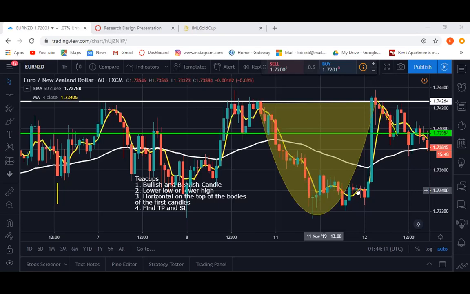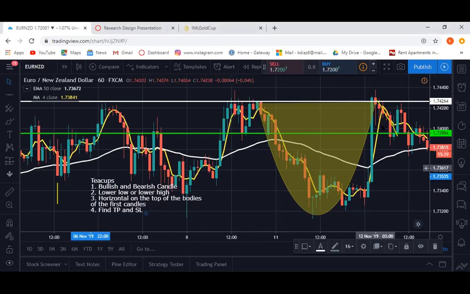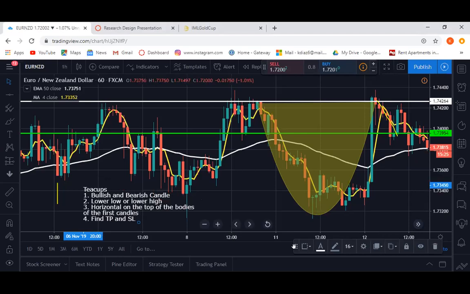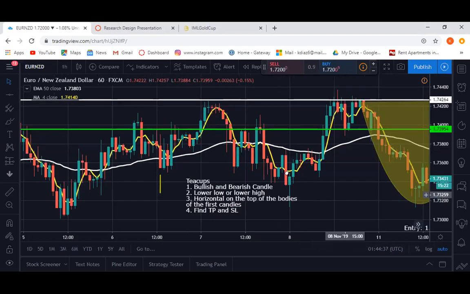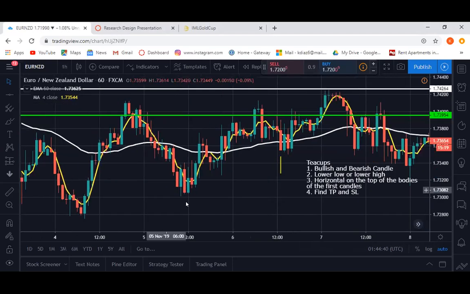If this is my entry and this is the cross, it's just going to blow past that, hit my stop loss, and then I'm just going to be taken out of the trade because teacups are sell limits. So we're looking for a sell, not a buy. And that MA cross going up is an indicator for a buy. So that one kind of wasn't the best example, but let's see.